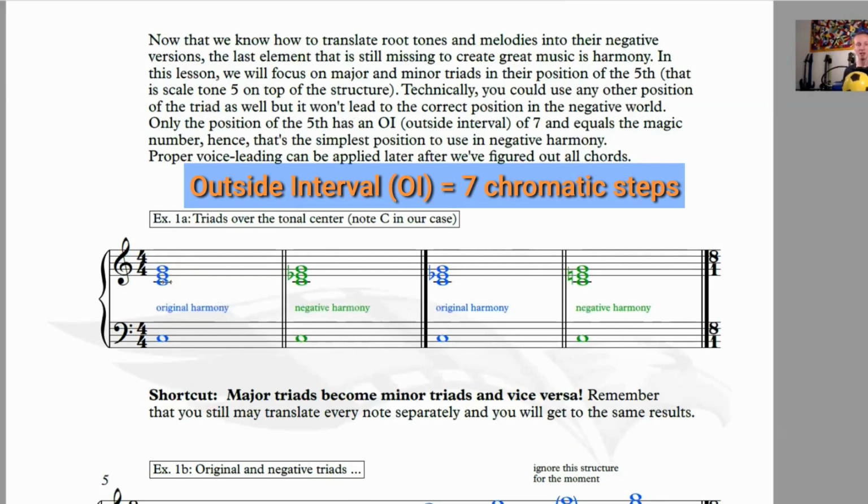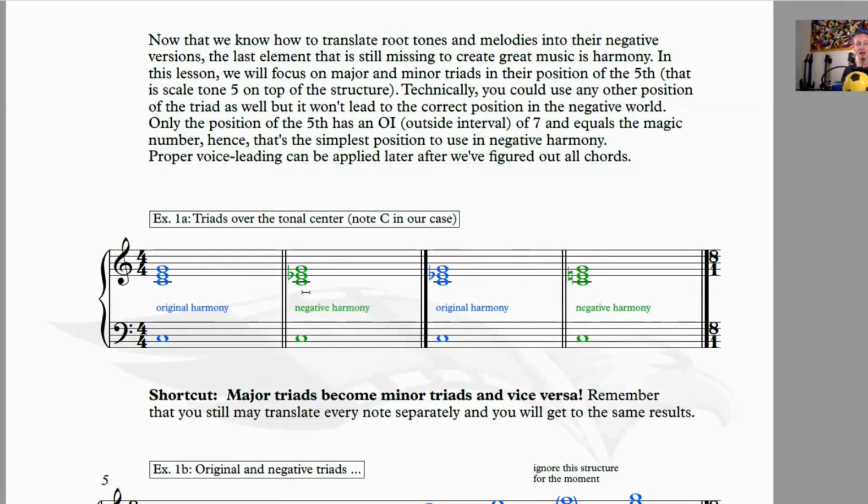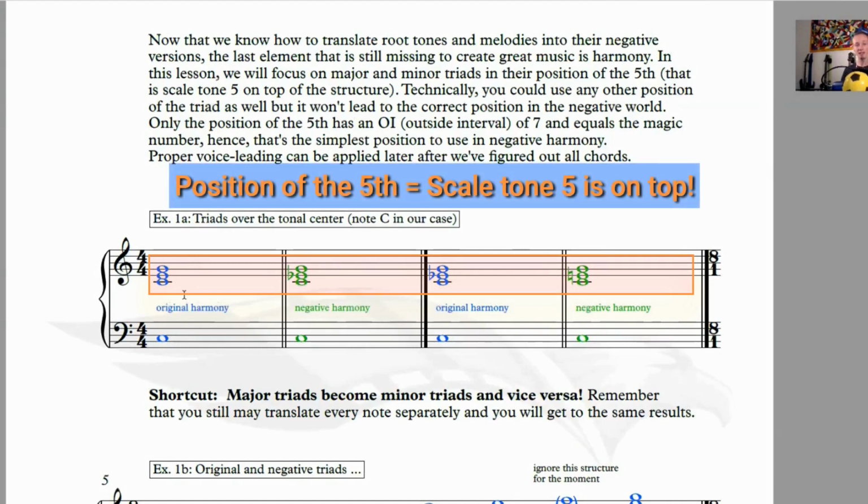That is why we refer to this number as the magic number. And funnily enough, this OI doesn't change when we flip to the negative side. That is one of the advantages, really, of staying in the position of the fifth. If we had other positions, we can still translate these structures into negative harmony, but there is no shortcut anymore.